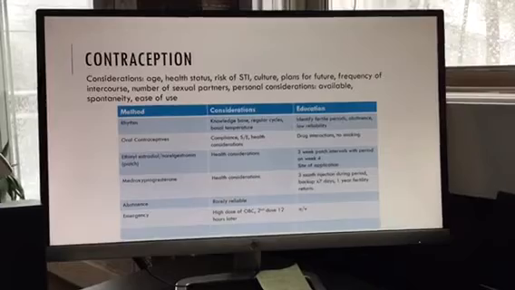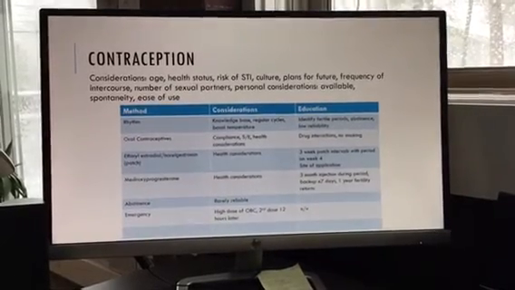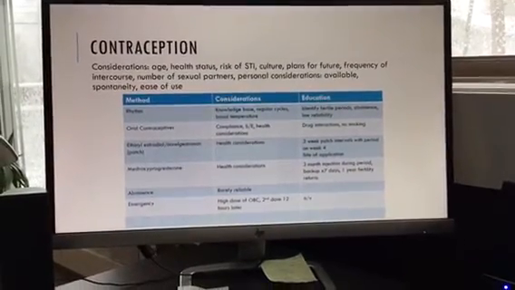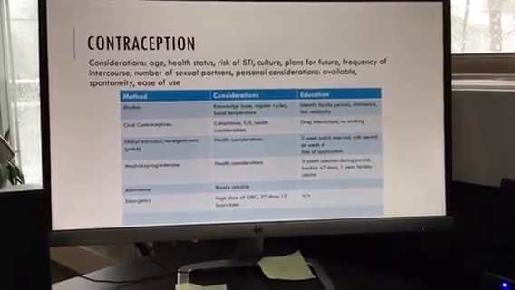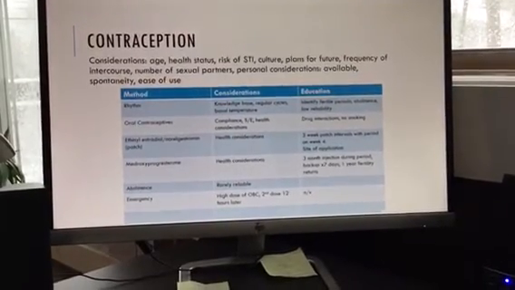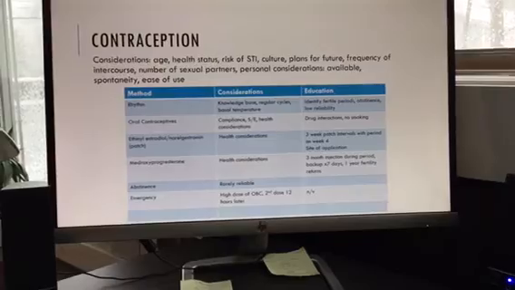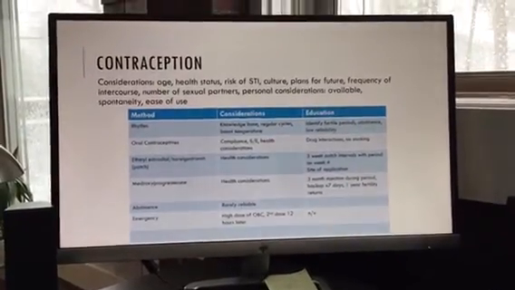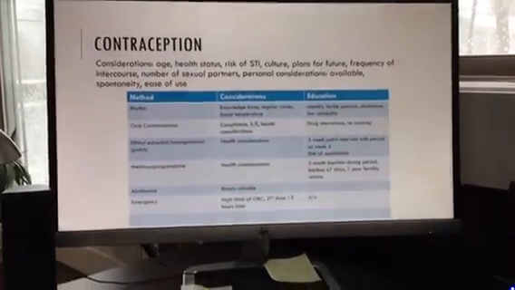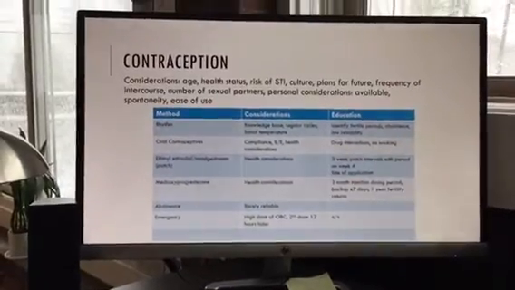So that's super important for emergency. If it's later than 72 hours, it has very low reliability. Within the first 72 hours, high doses of oral birth control, a second dose 12 hours later, and we have to pay close attention to the nausea and vomiting that can occur with that high dose of hormones.